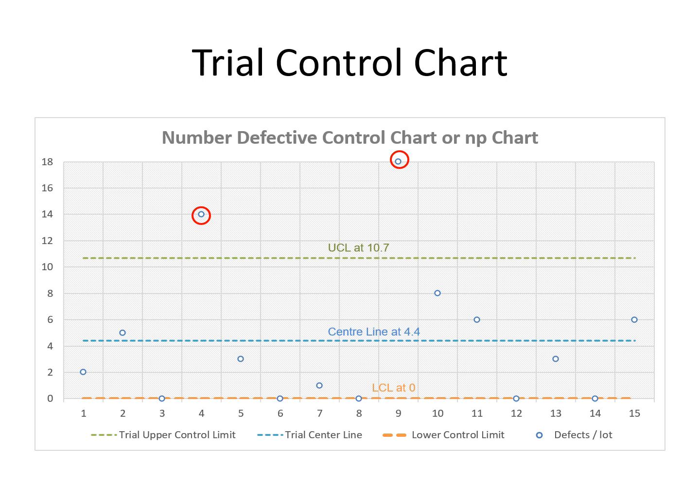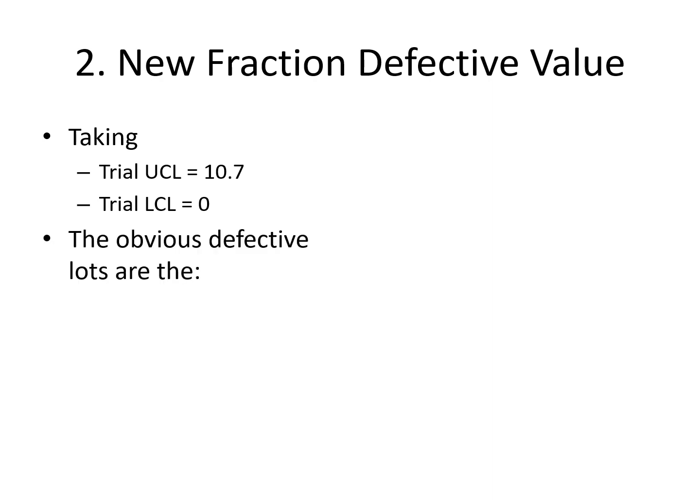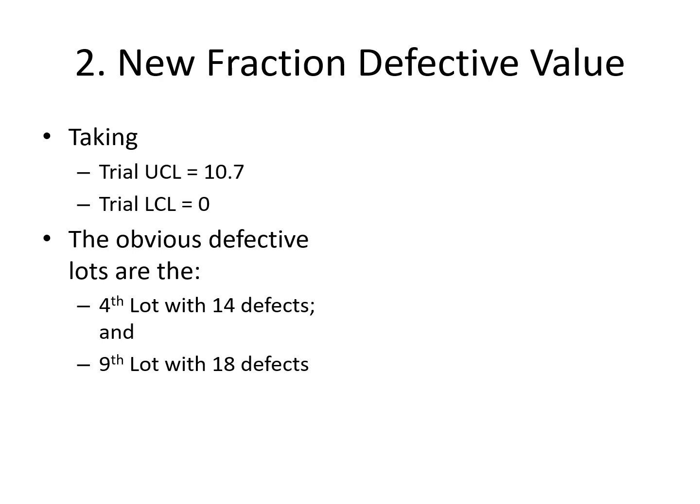So now let's go to the next part of the question. What did we get? We got the trial upper control limit as 10.7 and the lower control limit as 0. From the sample we discussed right at the start of the problem, the obvious defective lots were the 4th lot, which had 14 defects, and the 9th lot, which had 18 defects.